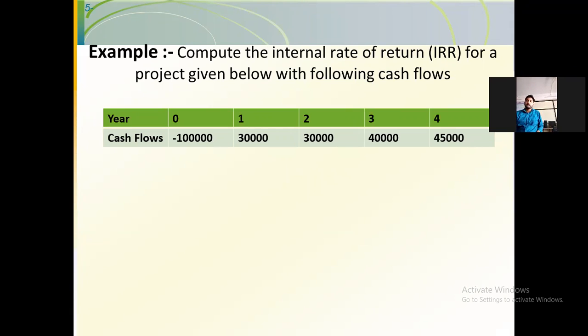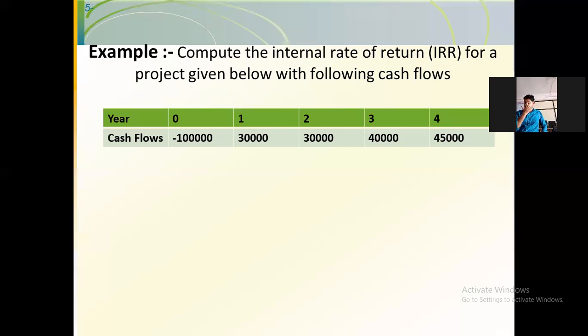Data is provided in years, and for each year, the cash flow for that project. So make two rows, year and cash flow. For the 0th year, cash flow is negative 1 lakh. For the first year, cash flow is 30,000.